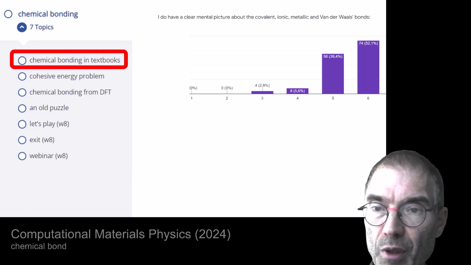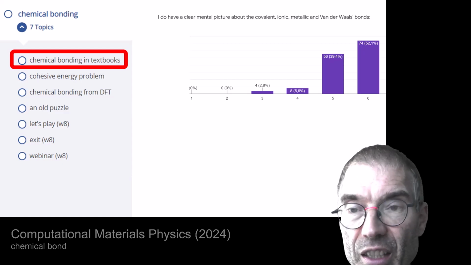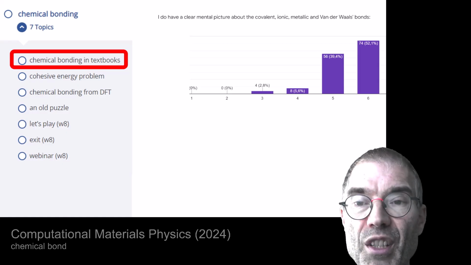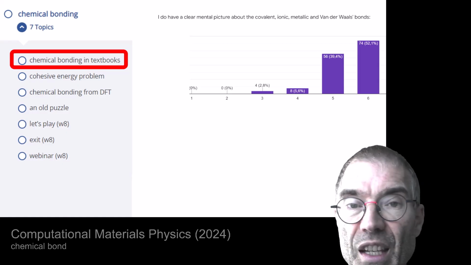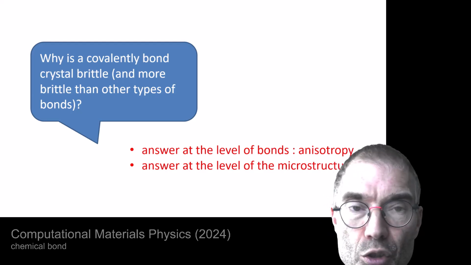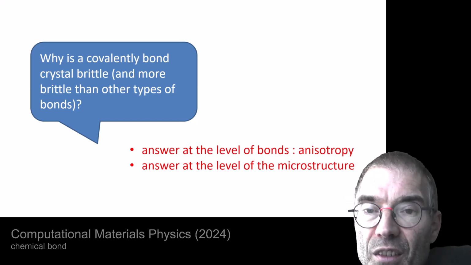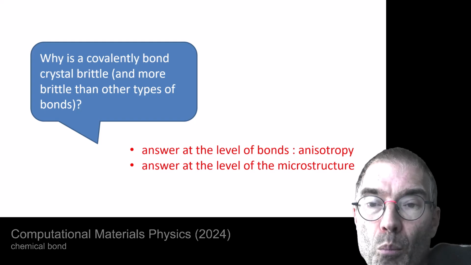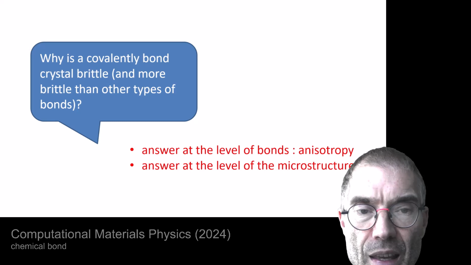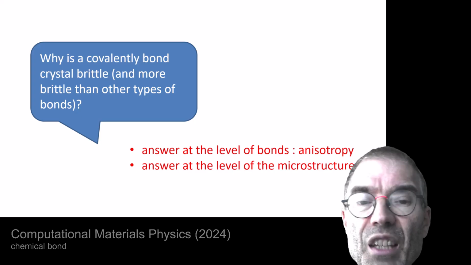And therefore, we first started with a quick revision of something you very likely know. What are the common chemical bonds and how is this usually taught in chemistry textbooks or physics textbooks? And we associated some features to that. We said, for instance, that a covalently bonded crystal is usually more brittle than, say, a metallically bonded crystal. And there was a question a few years ago about some more details for this.